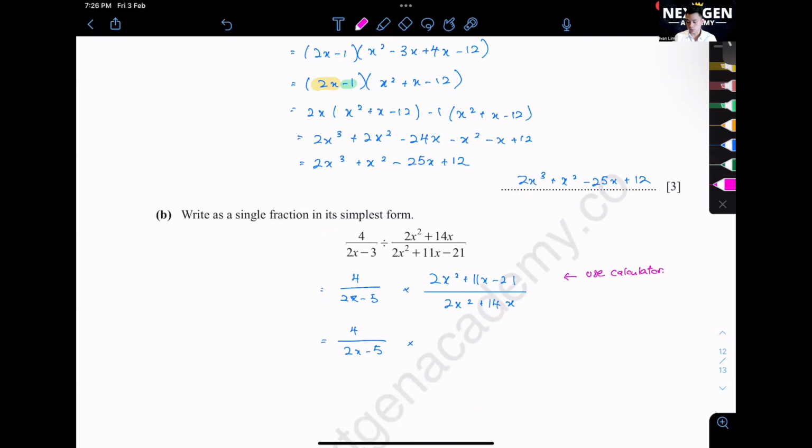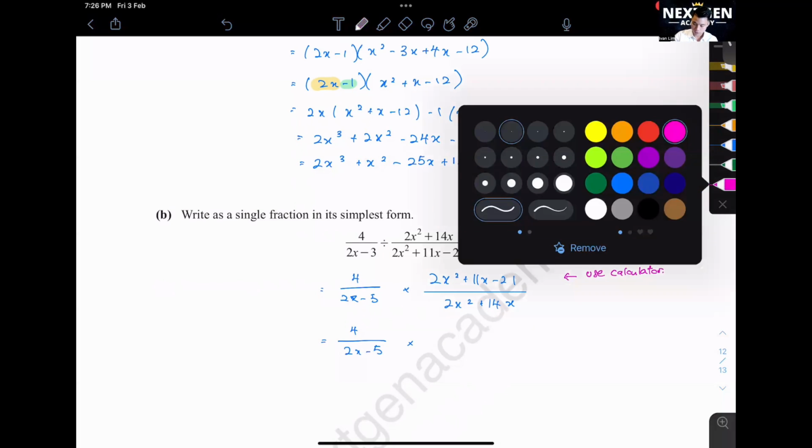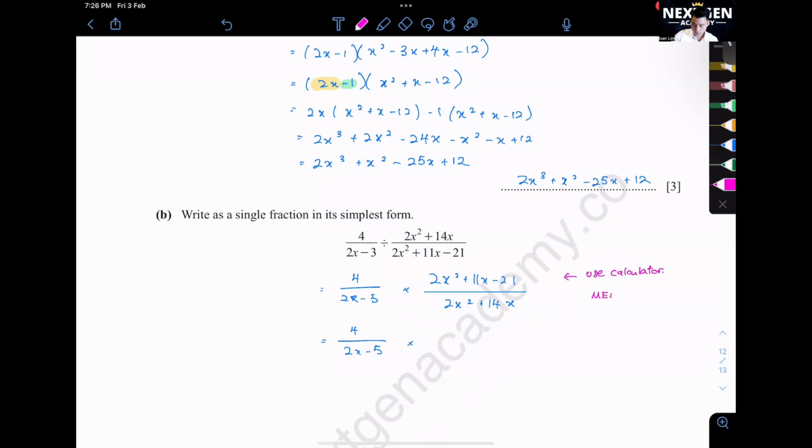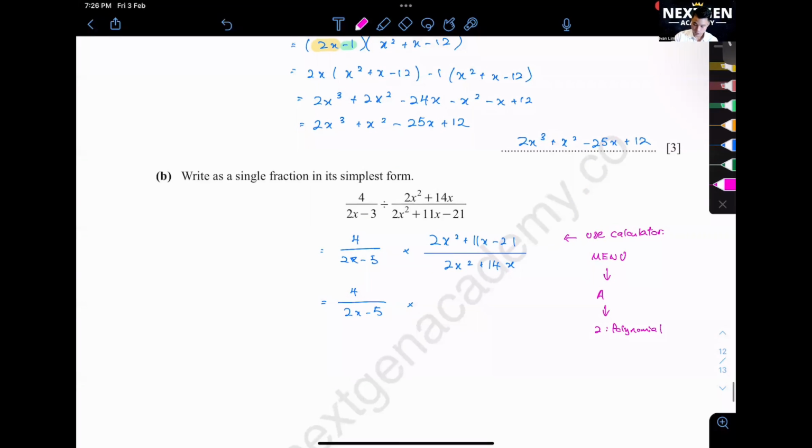Go into your calculator, go into equation/func. I'll teach you the steps: press menu, press A, go to 2, polynomial. Then degree, 2x minus 3. My bad, teacher copied all wrong.